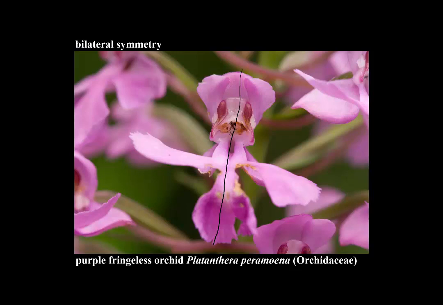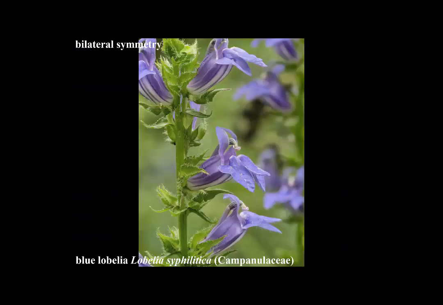And here's another example of a flower with a zygomorphic symmetry, and you can kind of see how this peculiar flower arrangement, with the stigma here and the stamens happen to be fused into a tube.